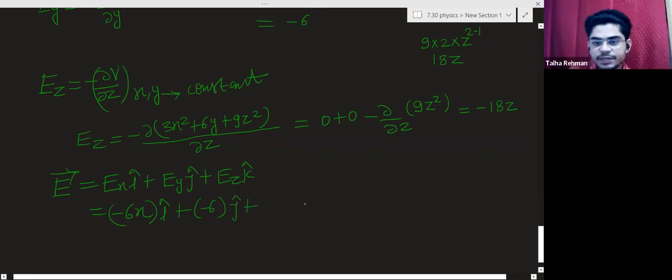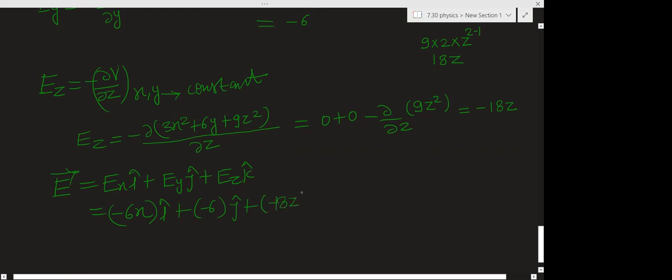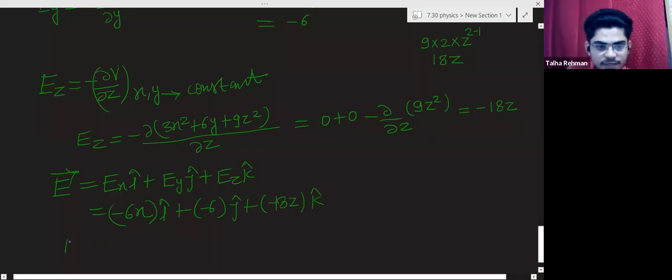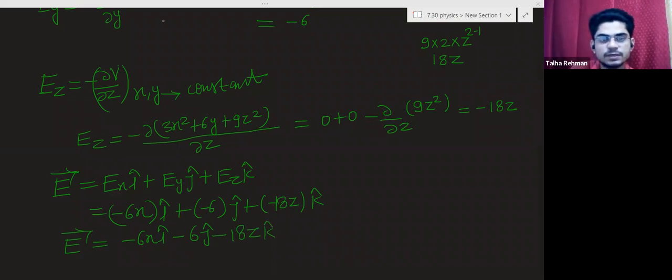Ez is minus 18z, k cap. So finally, we got the answer as minus 6x i cap minus 6 j cap minus 18z k cap. This is our final answer.